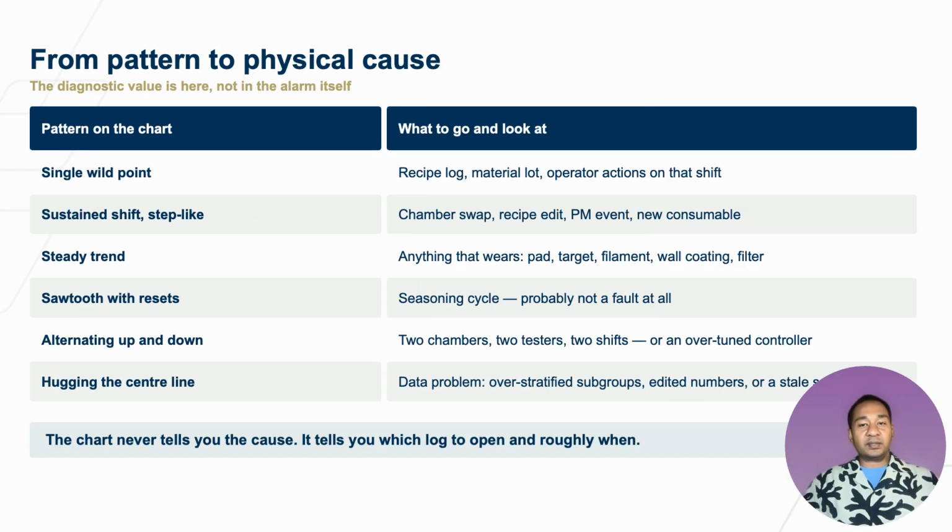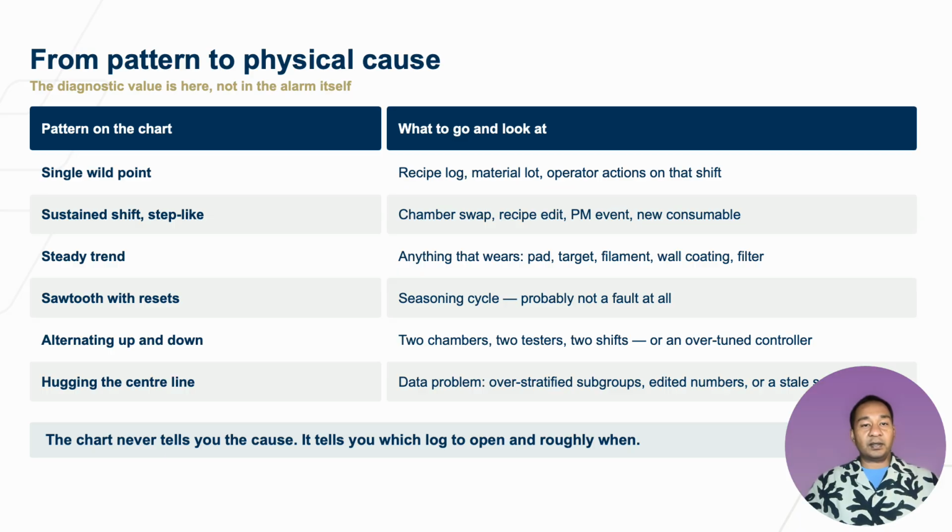And this is where the actual value is, not in the alarm, in the diagnosis. A single wild point, something discrete happened in one lot: go to the recipe log, material log, and operator actions in that shift. A sustained step, something changed and stays changed: chamber swap, recipe edit, PM event, a new consumable installed. A steady trend, something is wearing off: pad, target, filament, wall coating, filter, anything consumable. Sawtooth with resets, that is a seasoning cycle.